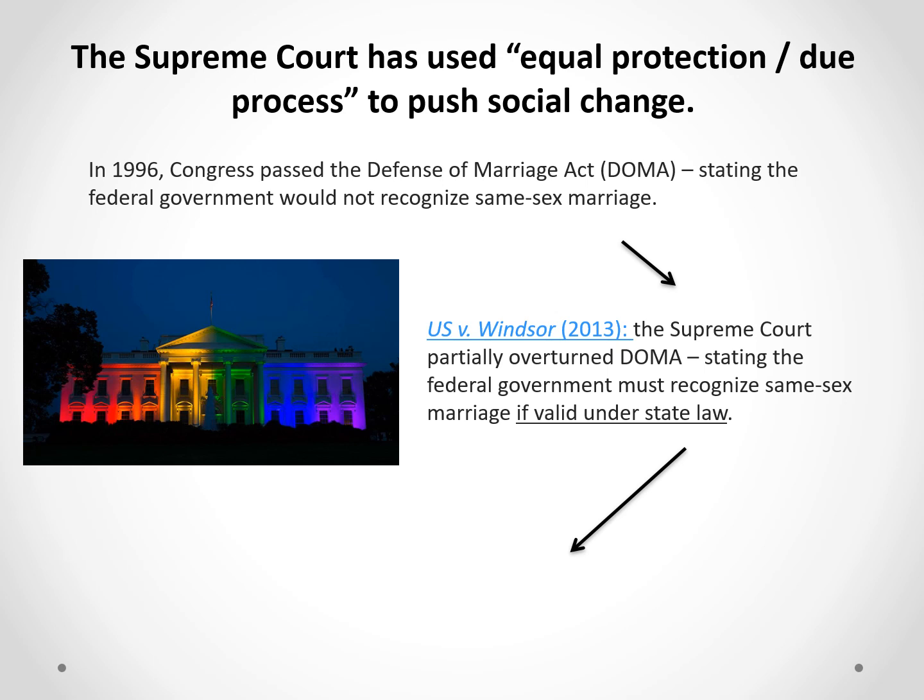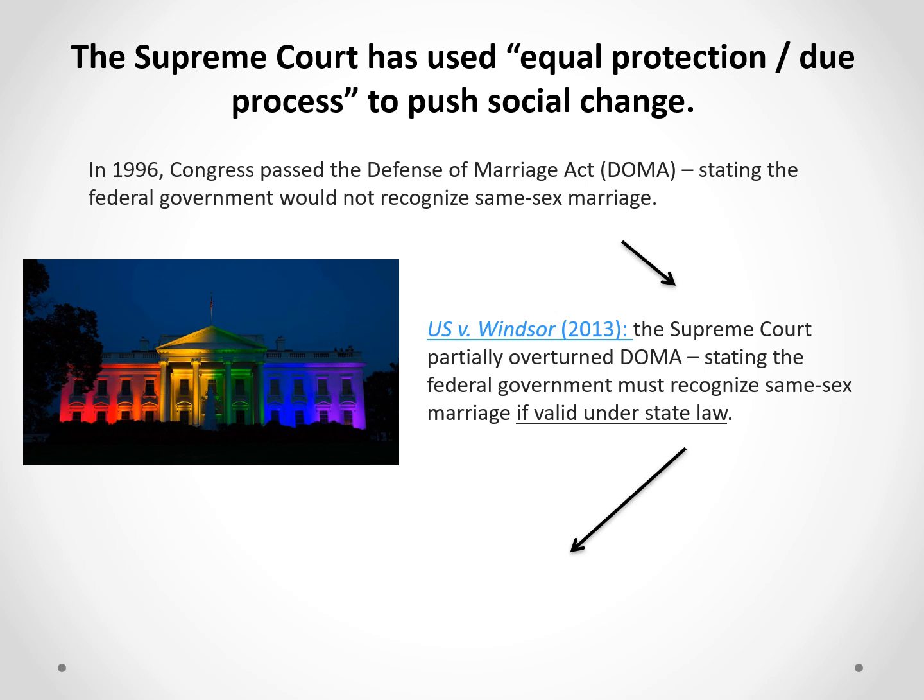But because they were a same-sex married couple, they were not eligible for this exemption under DOMA and under federal law. Okay, so she felt that that was not fair. She sued, and the Supreme Court actually overturned DOMA. What the Supreme Court said was the federal government must recognize same-sex marriage if the marriage is valid under state law.